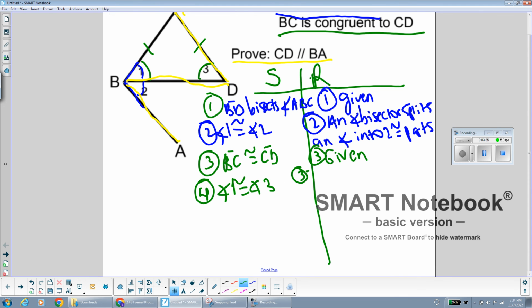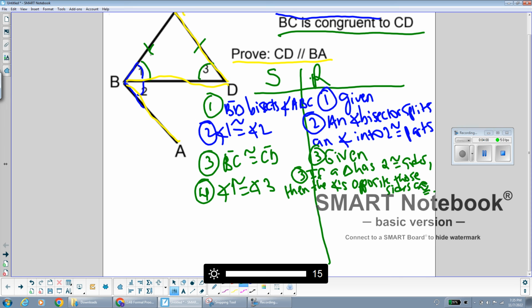Our reason was if a triangle has two congruent sides, then the angles opposite those sides are congruent. So once again, in our triangle, we had two equal sides. So the angles opposite those congruent sides were also congruent.